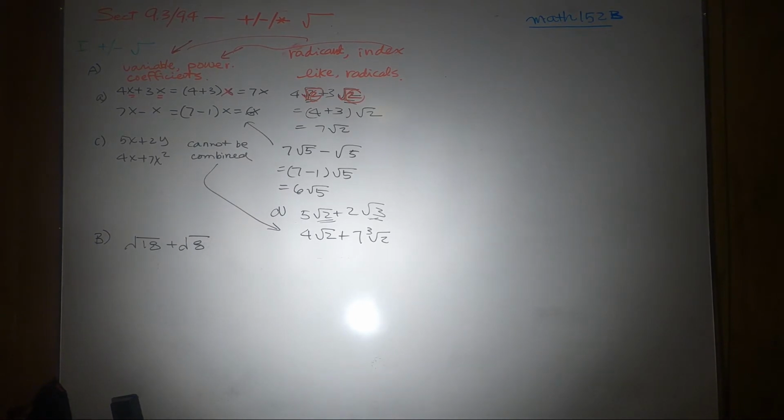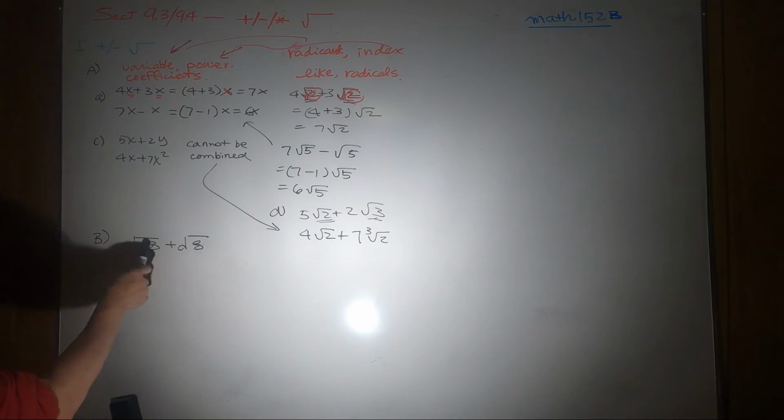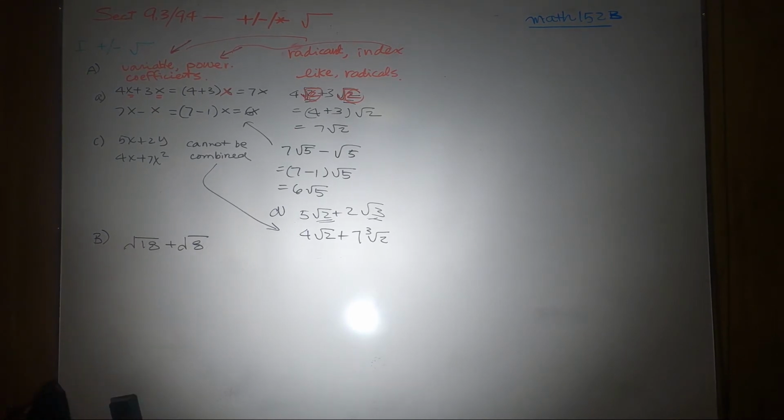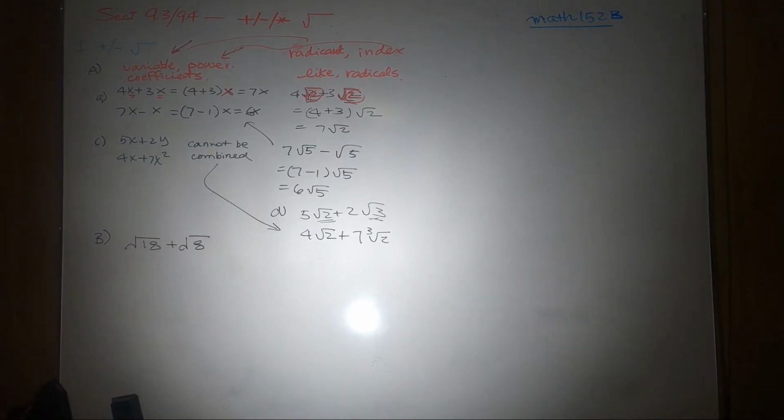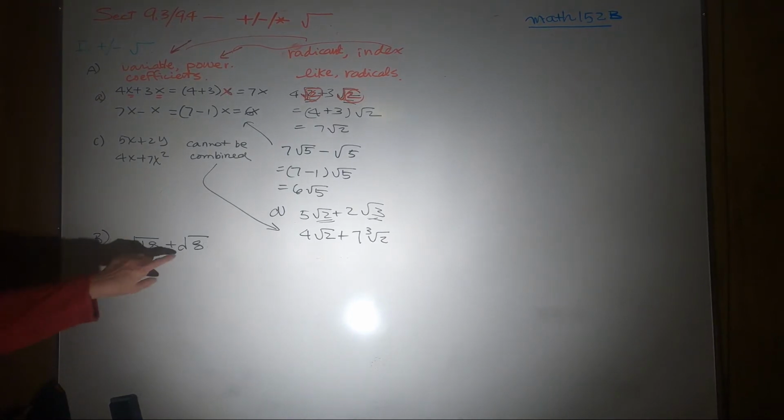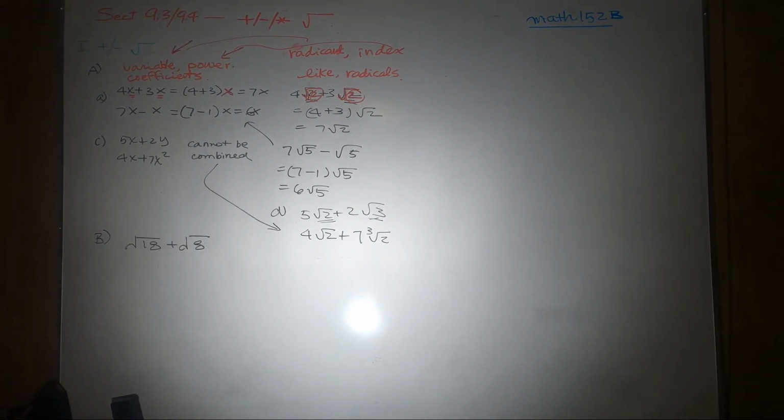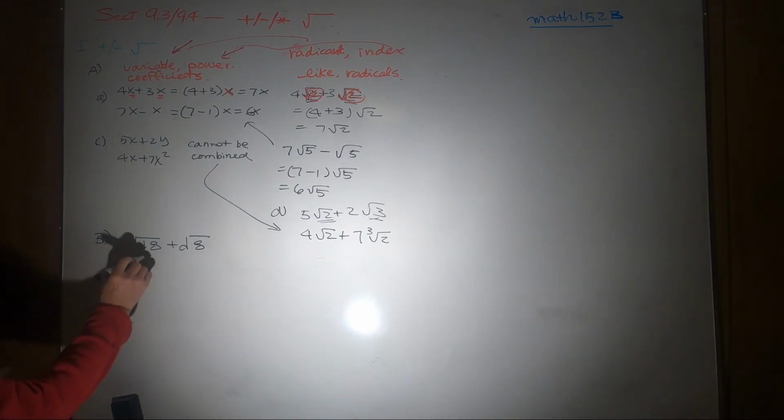However, do we leave the terms as such? No, because we have to follow the rules, right? The rules make the radicals as simple as possible, make the inside as small as possible, before we can decide if they are like terms or not. So we need to clean up.